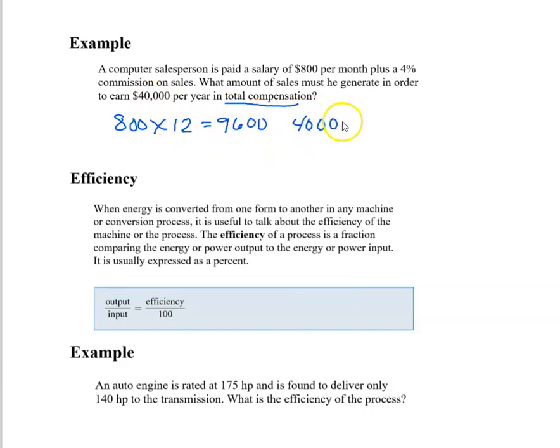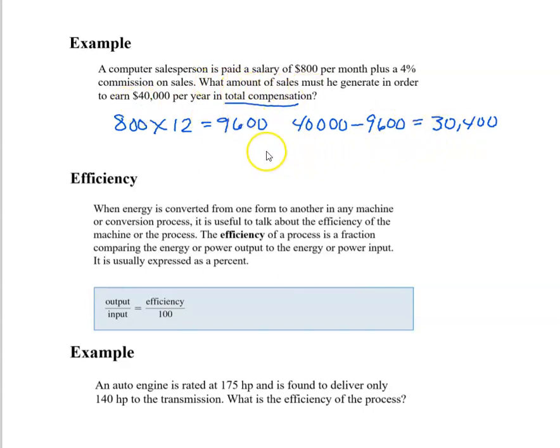So 40,000 minus 9,600 ends up being $30,400. So this is what the person has to earn in commission. So the question is, what amount of sales must he generate in order to earn that?